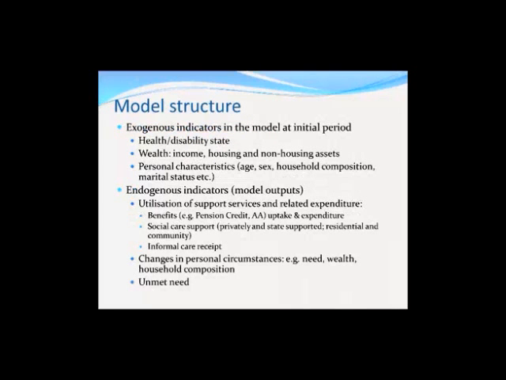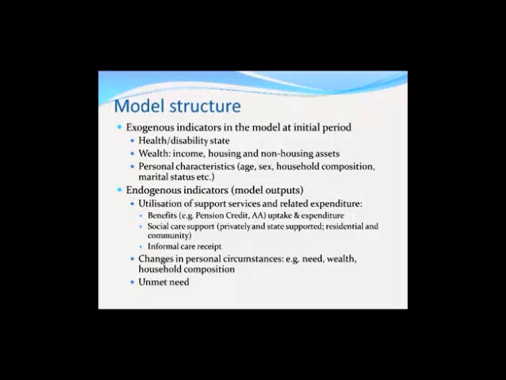So, model structure. Basically, as I was saying before, we pooled the HPS and we reweighted. It looks like the English cross-section of all the people in terms of key indicators like health, disability, population distribution, of course age and gender. But also things like wealth and income, which are very important, and other personal characteristics, including cohabitation, for example, which is very important in terms of informal care.